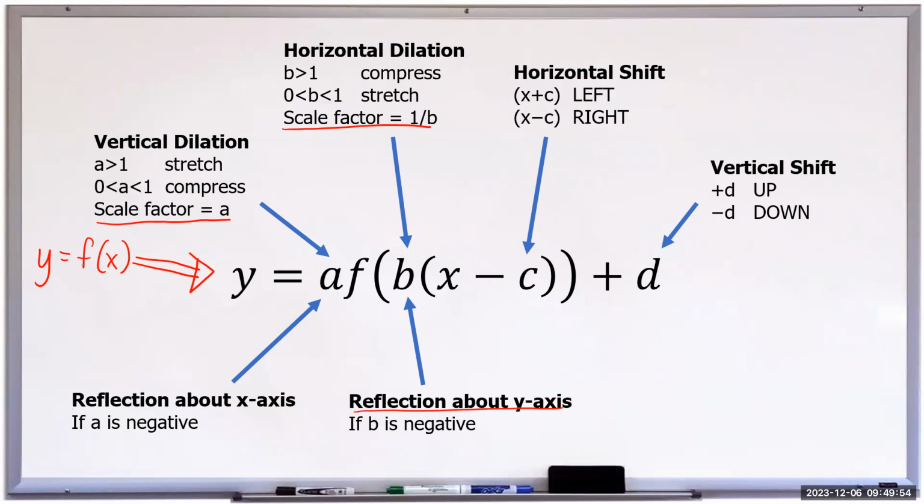And inside your function, if x is being replaced by x plus c or x minus c, then we have a horizontal shift: shifting to the left if x plus c, and shifting to the right if x minus c. And outside your function, if we have a plus or minus d, then the function experiences a vertical shift. Plus d means we are shifting upwards, minus d means we are shifting downwards. Okay?